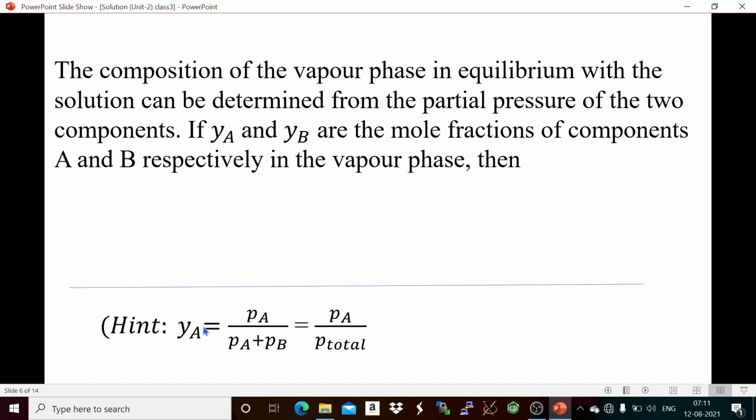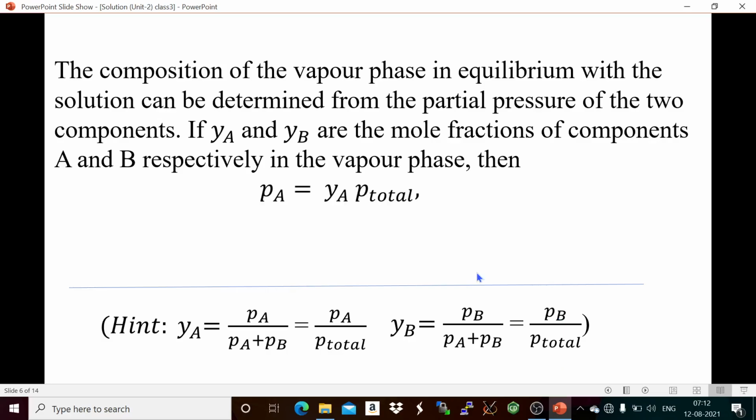the mole fraction of component A in the vapor phase, if we represent it by YA, is equal to the partial vapor pressure of component A divided by total pressure, because it is a two component system, so PA plus PB, so PA divided by P total. Similarly YB is equal to PB by P total. So we can write PA is equal to YA P total, PB is equal to YB P total.